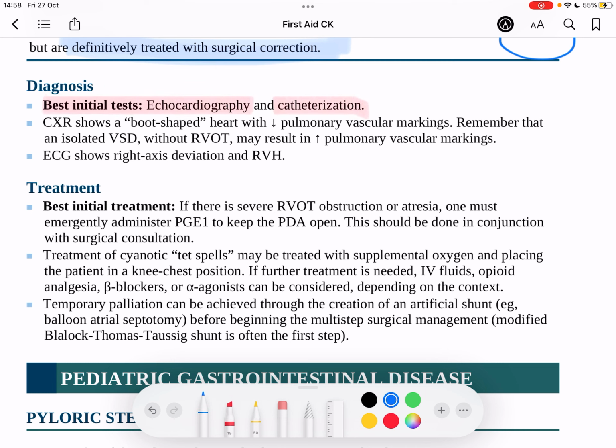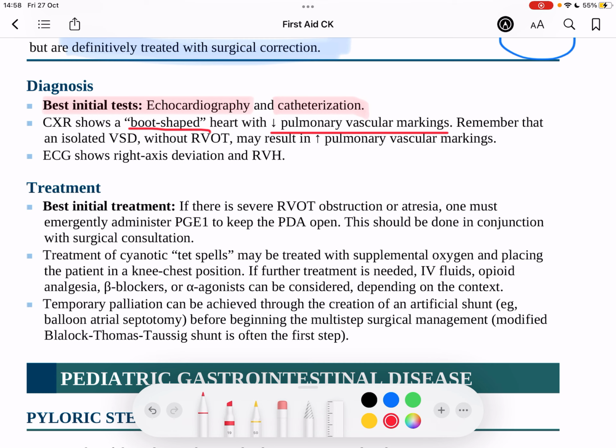You can do a chest x-ray, and that shows the characteristic boot-shaped heart with decreased pulmonary vascular markings because I have less blood going to the pulmonary arteries, okay, because of the pulmonic valve stenosis. Remember that an isolated VSD without right ventricular outflow tract obstruction may result in increased pulmonary vascular markings.